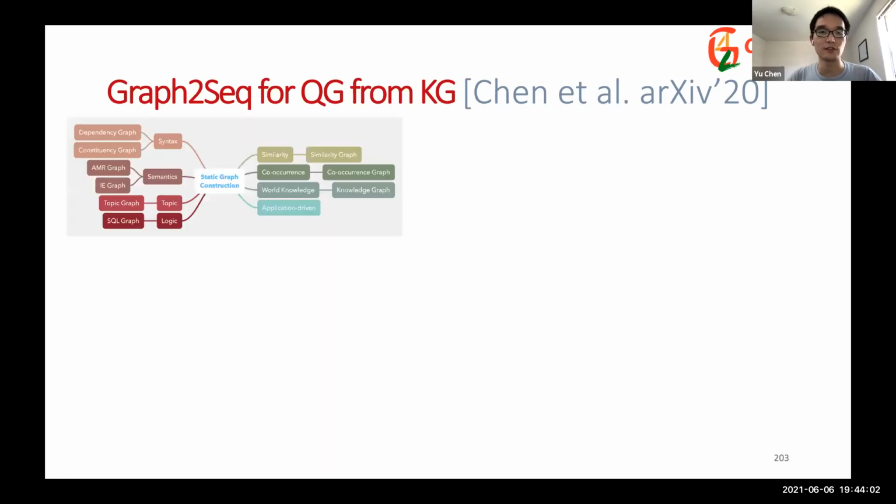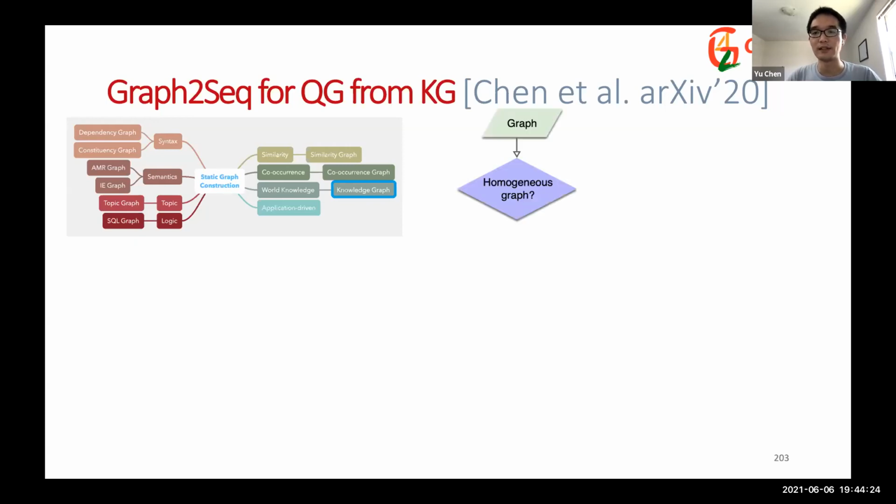And in terms of the graph construction part, they leverage the knowledge graph construction way. Specifically, they first identify the topic entity mentioned in the question, then they extract the subgraph surrounding the topic entity from the KG and use that as one of the inputs. And the other input is the answer set.